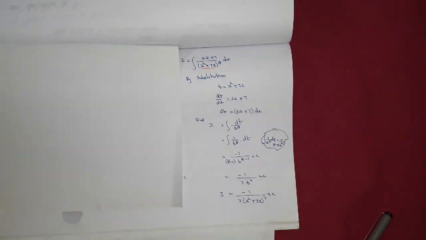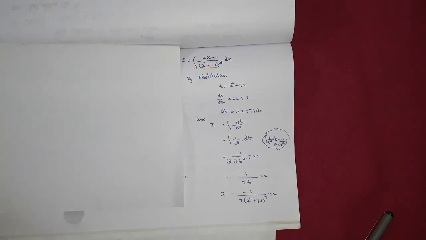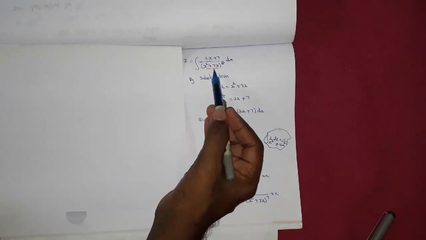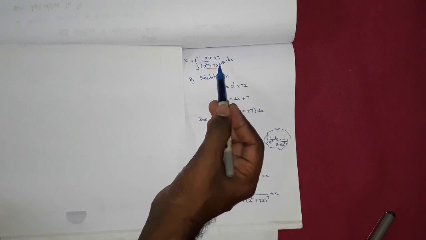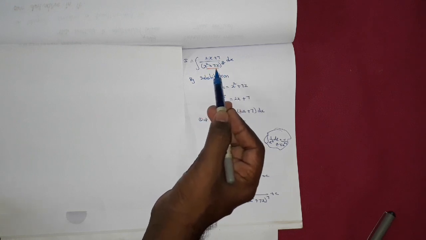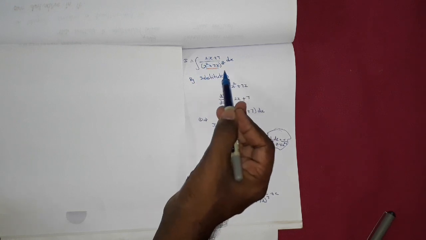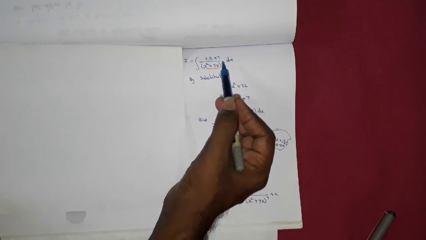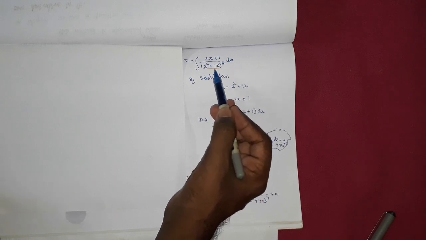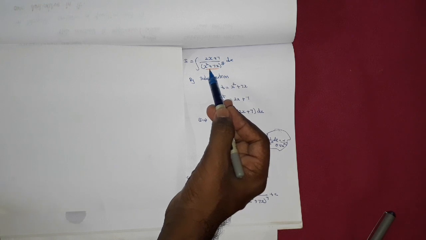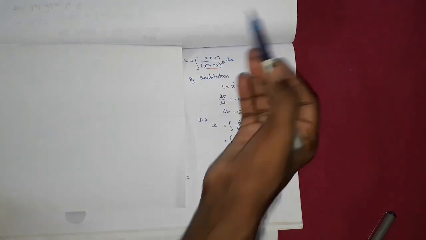So this type of function, a function which lies inside another function, is called a composite function. So here which one is a composite function? 2x plus 7 or the denominator part? So the denominator part. Even in this the whole thing is composite function, but particularly within that what we have? X square plus 7x. This if you take it and differentiate, you may get the numerator part.